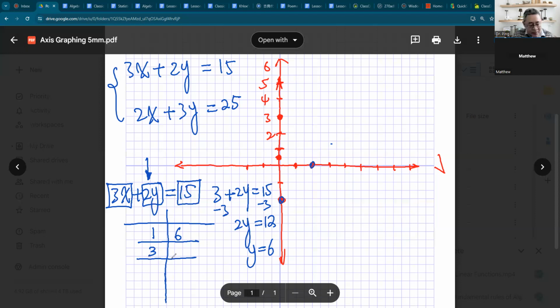X is called the independent variable, so x can be any value, but y is fixed based on the x value and the equation. We have two variables, x and y. If we know x, we should be able to know y, right? Yep. So that's how we got there.